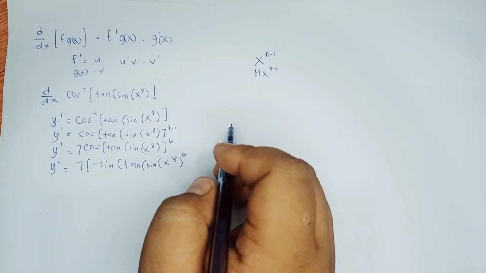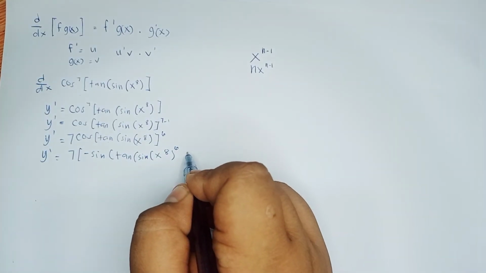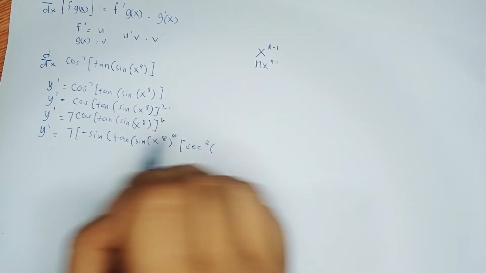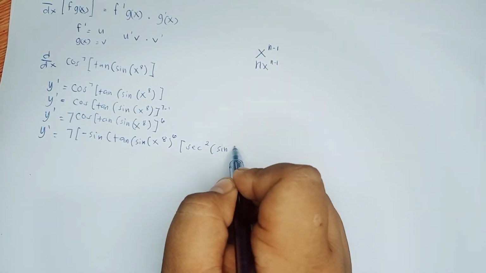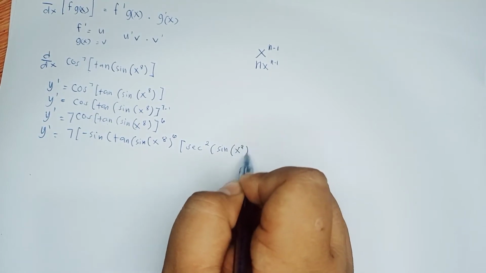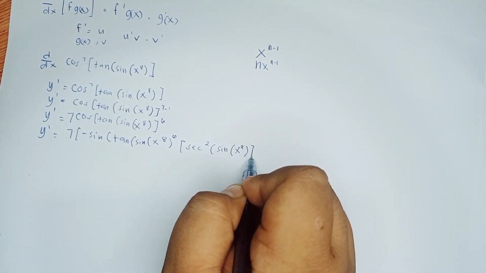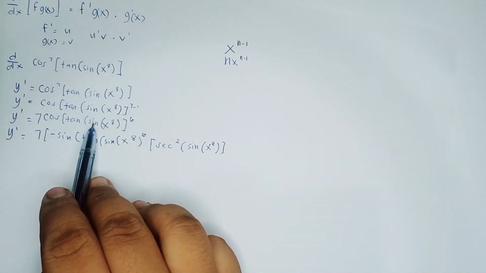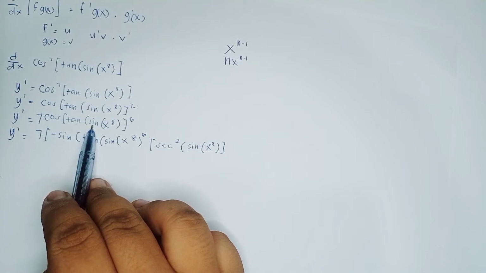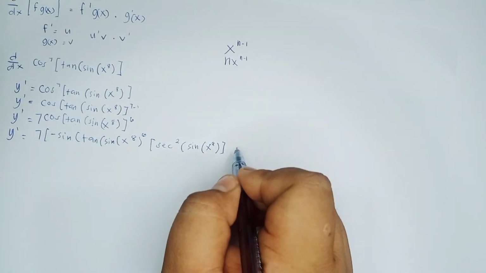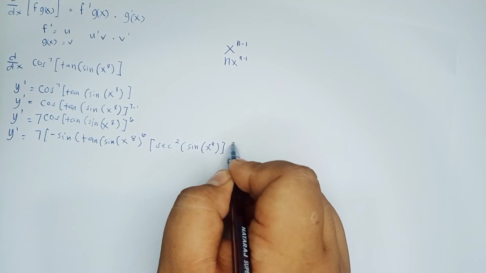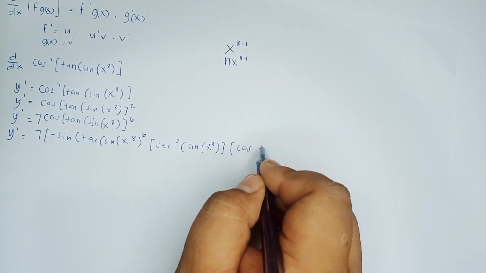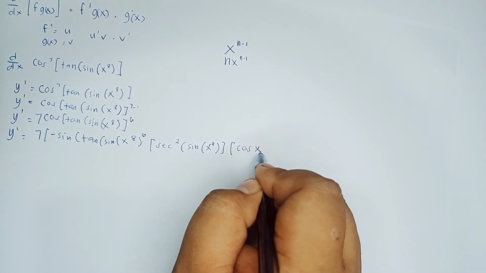The derivative of tan is secant squared, times copy the sine and the x raised to 8. Now let's proceed to the derivative of the third term. The derivative of sine is cosine, cosine, copy the fourth term, or the x raised to 8.